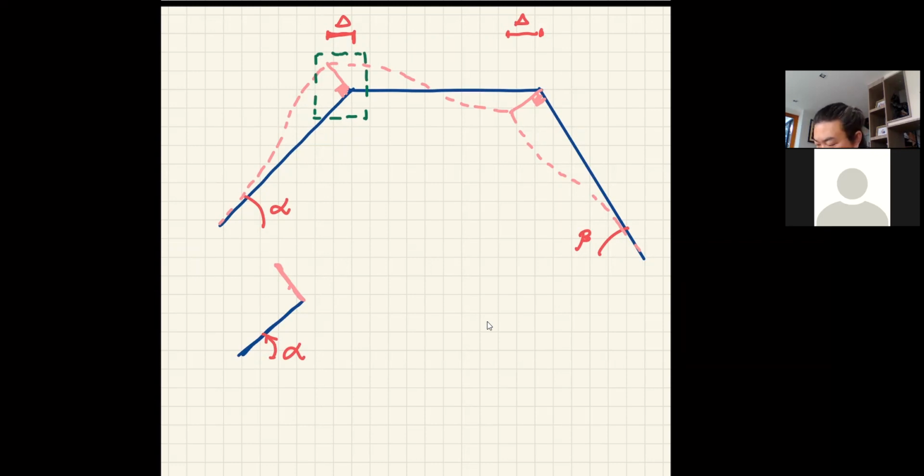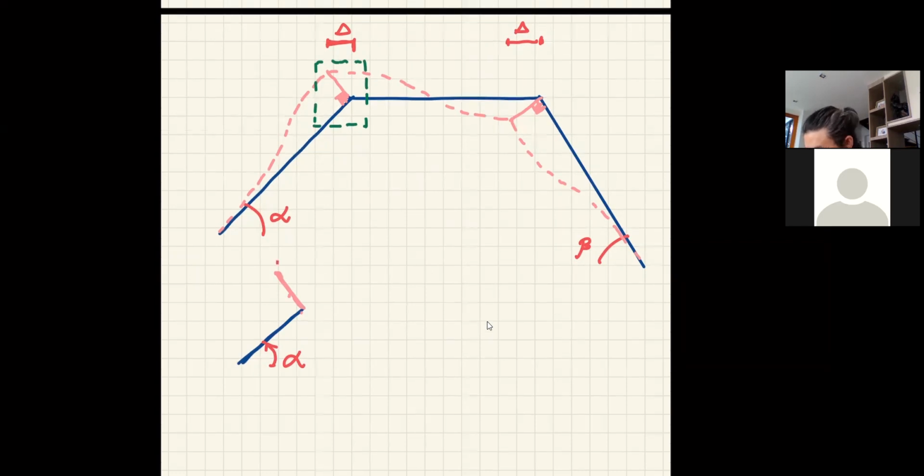Because the psi is this distance divided by the length of the member. So you will need this, but instead, you have this. So now you need to turn this delta into the pink distance. Let's say, how am I going to use this sign convention?